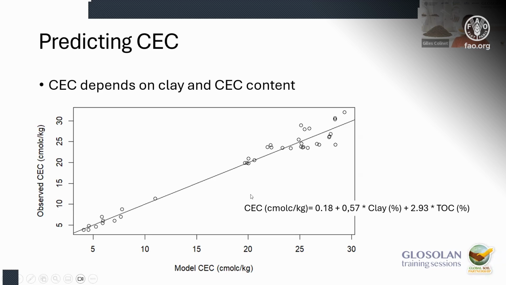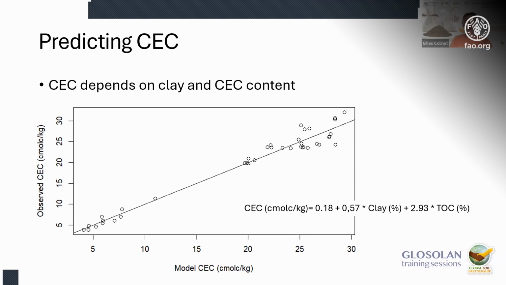It's also a kind of validation of the methods, a quality control of the data. If you have such clear relationships, it means that the three parameters are quite well analyzed.